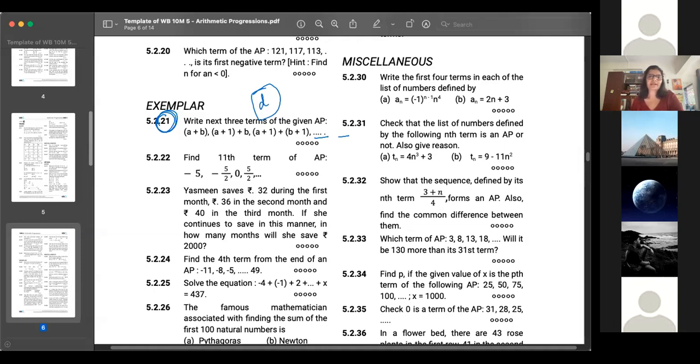So you need to prove that if an is given as 3 plus n by 4, then by substituting n ka value, whatever values you get, all of them will be in AP.